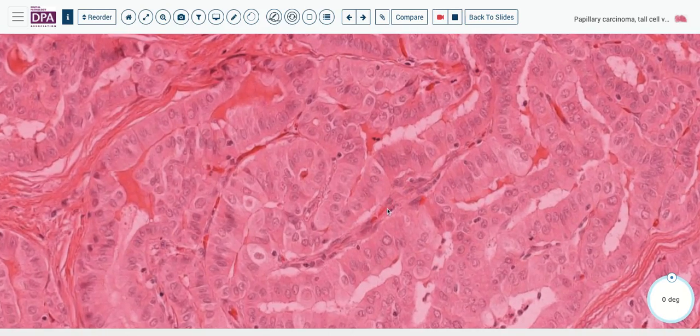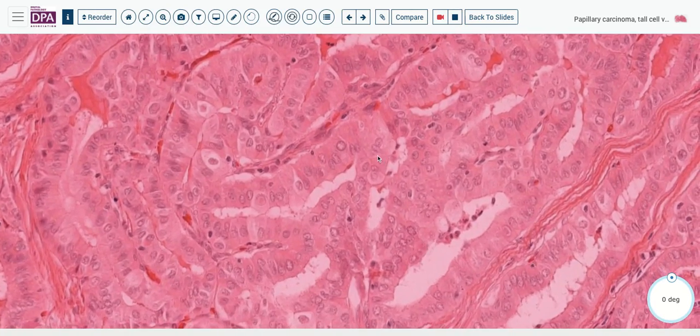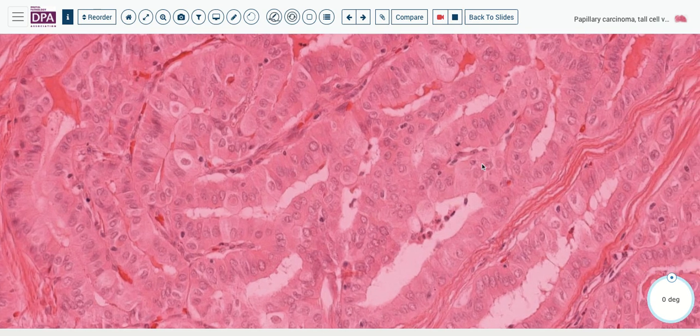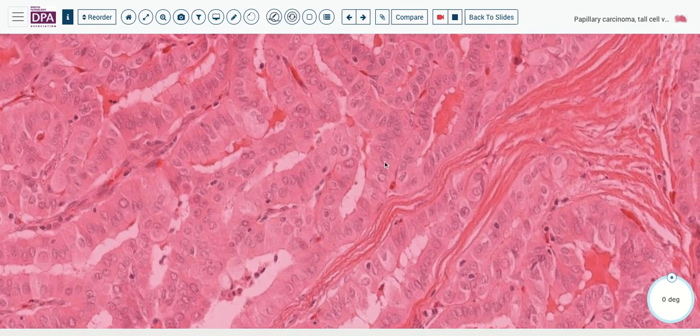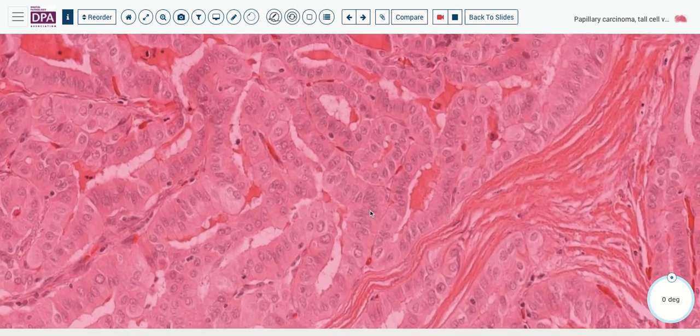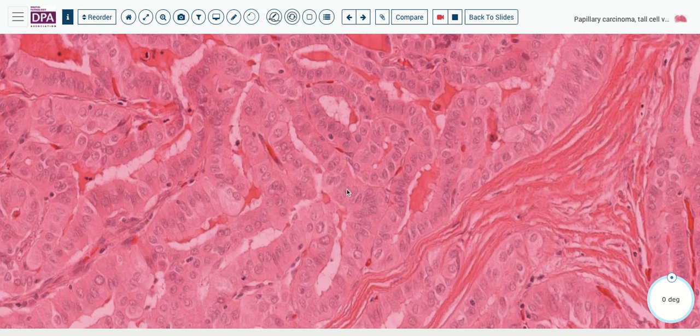And do we have the nuclear features that qualify as papillary thyroid carcinoma? Well, we have some nuclear clearing. We have some pseudo-inclusions right here. We have macronucleoli. We have nuclear overlap, coarsening of the chromatin, peripheral margination of the euchromatin. And so I think we have enough atypia here of the nuclei to qualify as papillary thyroid carcinoma type nuclei.